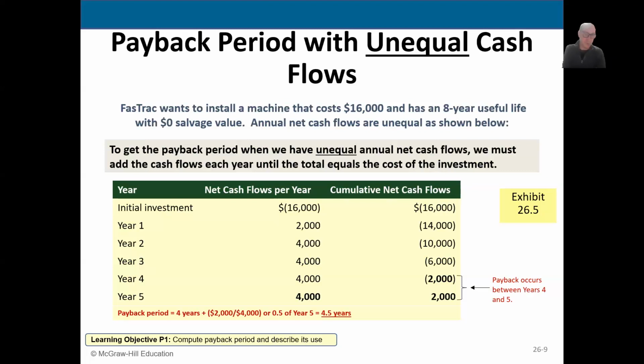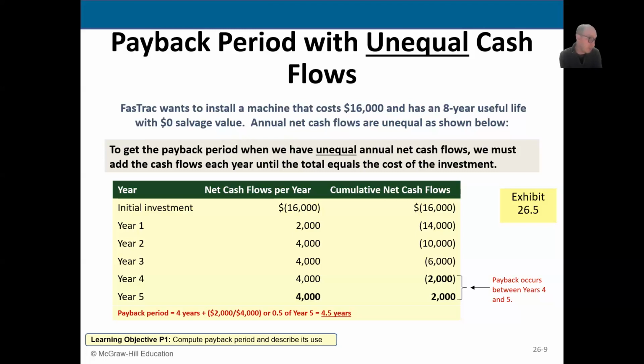Here we have an example. Same criteria. Machine costs $16,000, an 8-year useful life, $0 salvage value. In our earlier example, the payback period was 4 years because we had equal cash flows. Now we have unequal cash flows, and this is what it looks like.